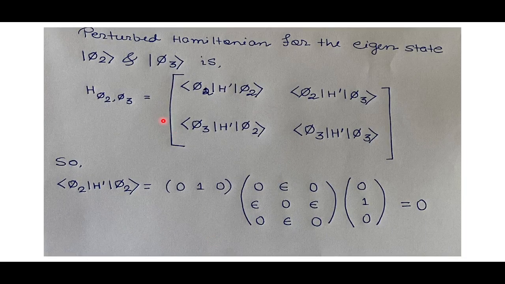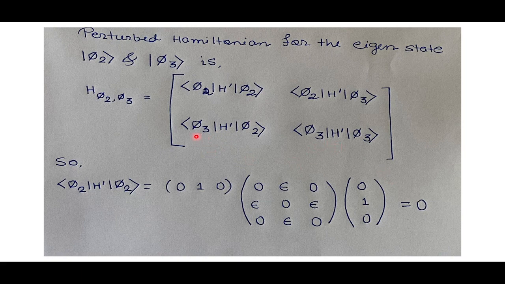So for the two states phi 2 and phi 3, your perturbed Hamiltonian will be this. Basically, the inner product of phi 2 with phi 2, with h dash sandwiched between them, will give you the first term in the matrix, the 1 1 element. The matrix element of phi 2, h dash and phi 3 will give you the 1 2 element, then the 2 1 element, and this is the 2 2 element.